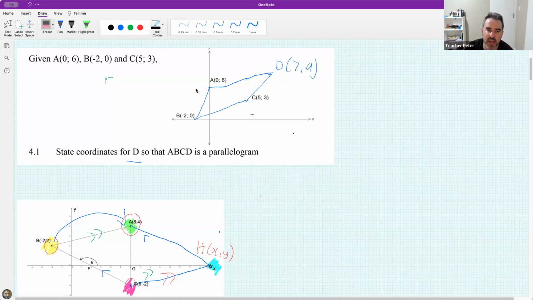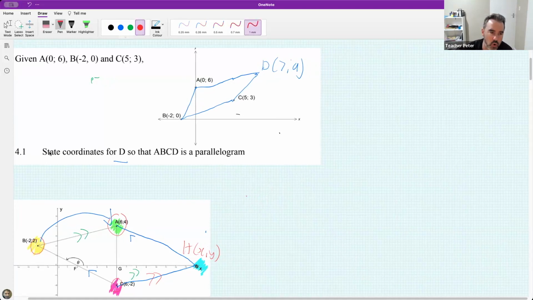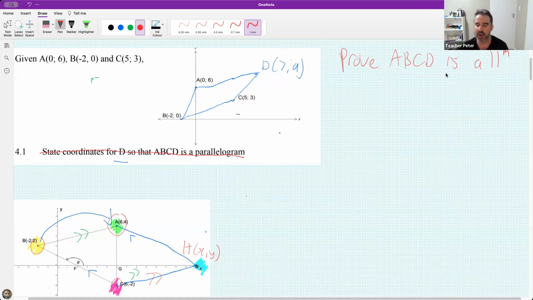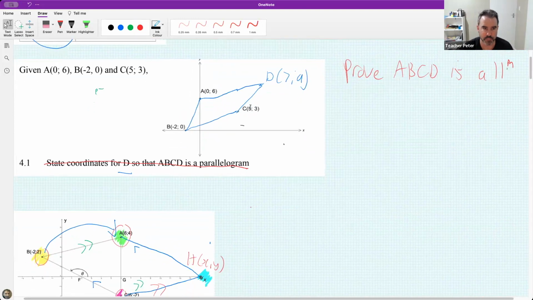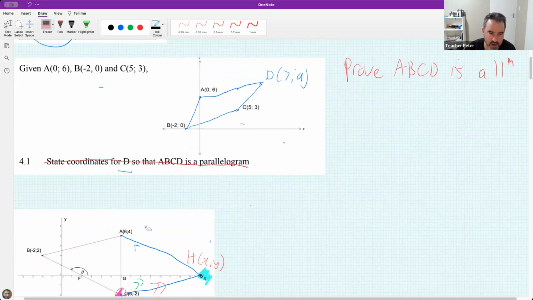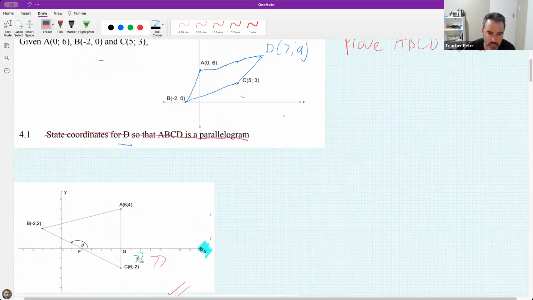I want you to ignore what they say here. I'm making a new question. I want you to prove that A, B, C, D is a parallelogram. When you're finished with that, just say done in the chat. Use whatever methods you like. And then after that, we are going to have a break.